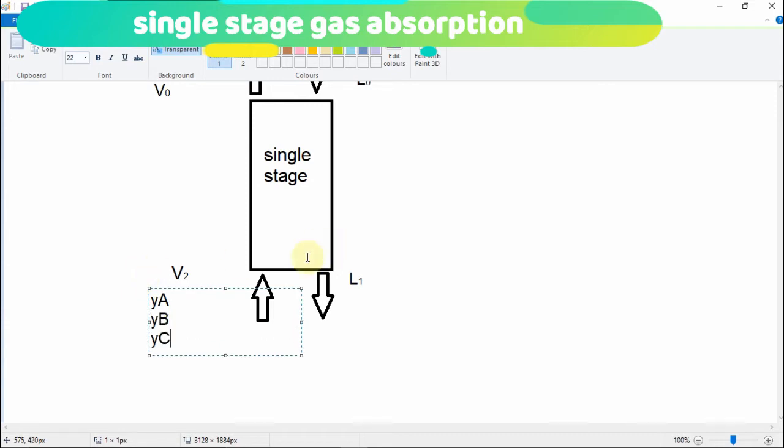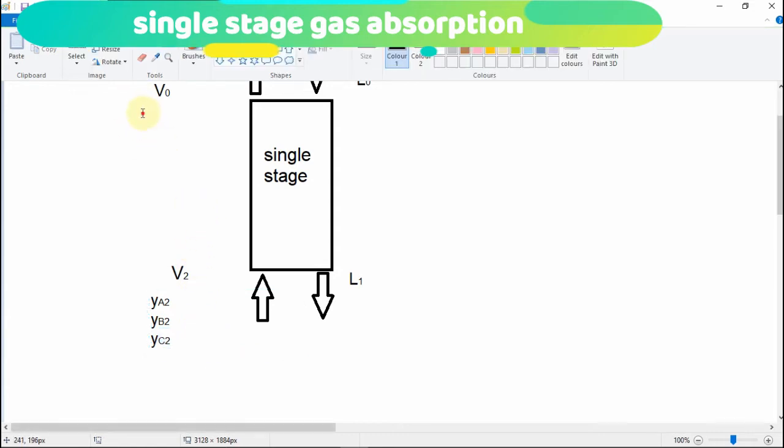And for this stream number 2, you write down number 2 as a subscript. Okay, and move on to the gas outlet.